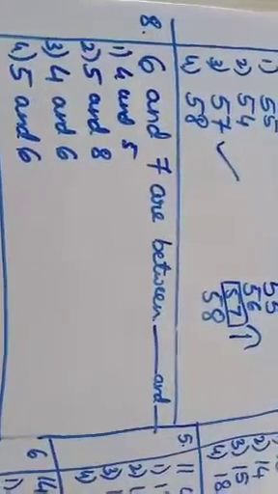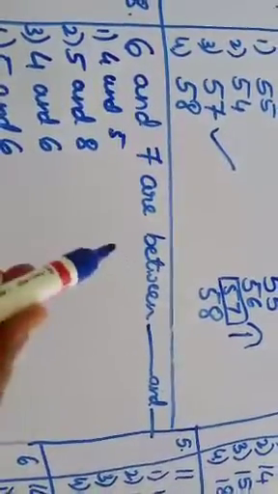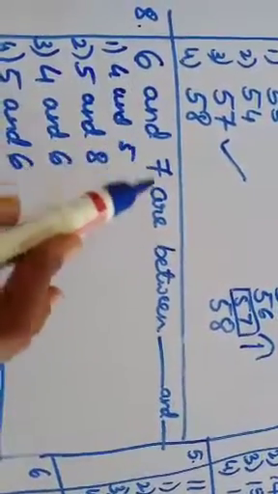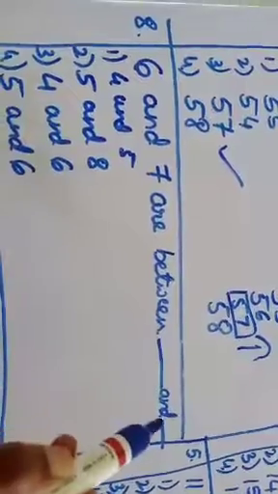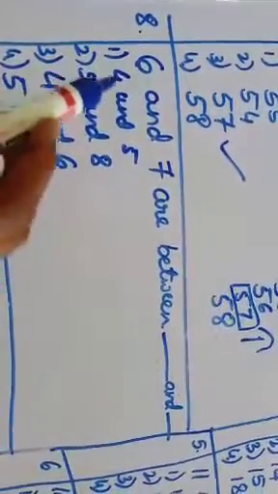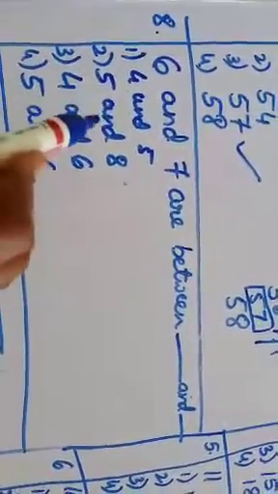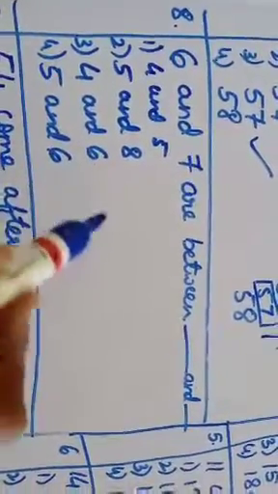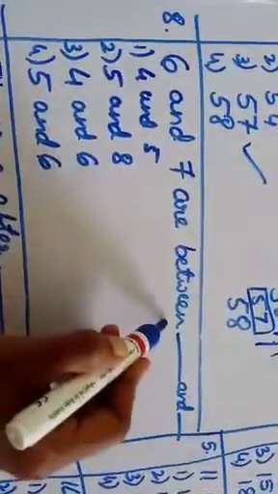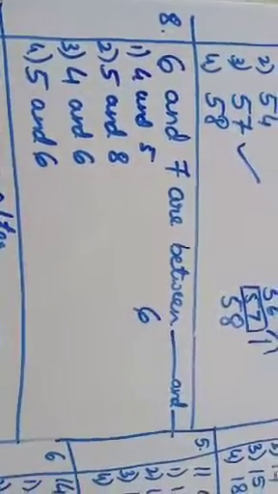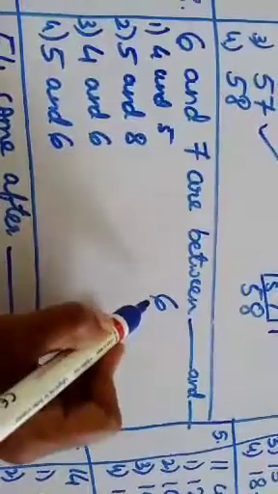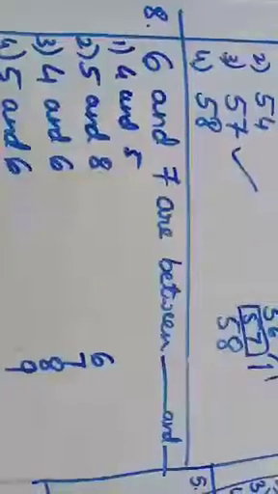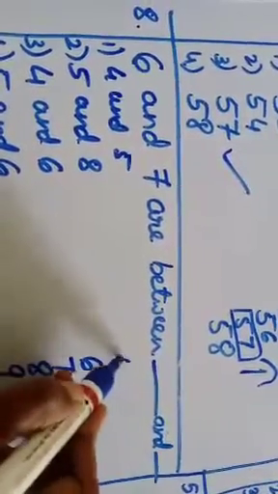The next one, 6 and 7 are between dash and dash. 4 and 5, 5 and 8, 4 and 6, 5 and 6. So let's write here side as a rough work. So you will be knowing perfectly. 6, 7, 8, 9. Let's write the 5 also.